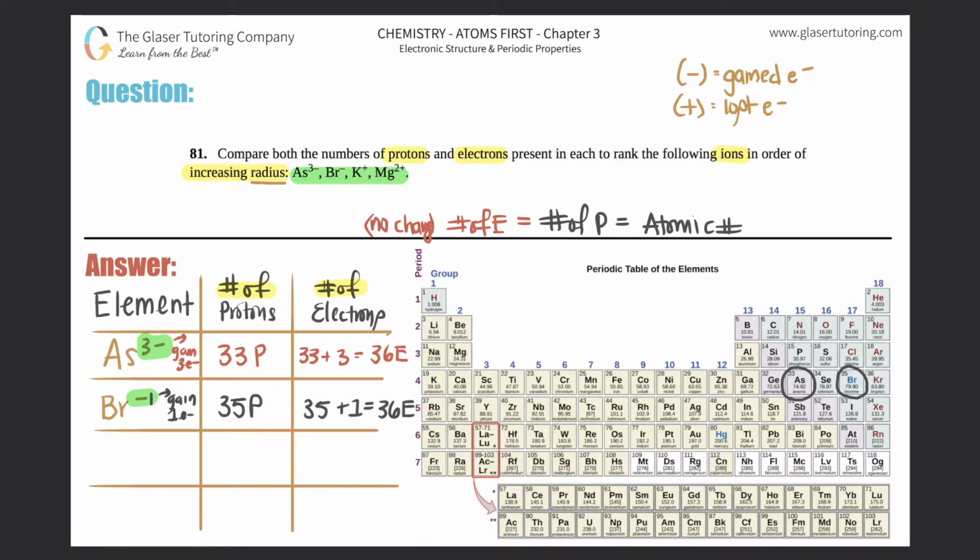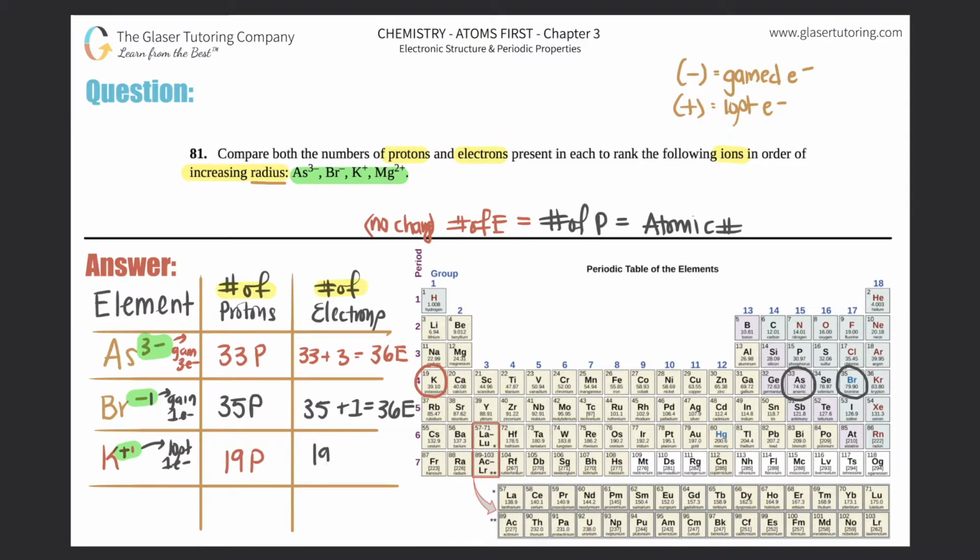Next, we got K+. Potassium is over here on the periodic table. Atomic number of 19, that's the number of protons, so 19 protons. And now there's a charge. The charge is a plus, which means +1. So what does plus mean? That means you actually lost 1 electron.